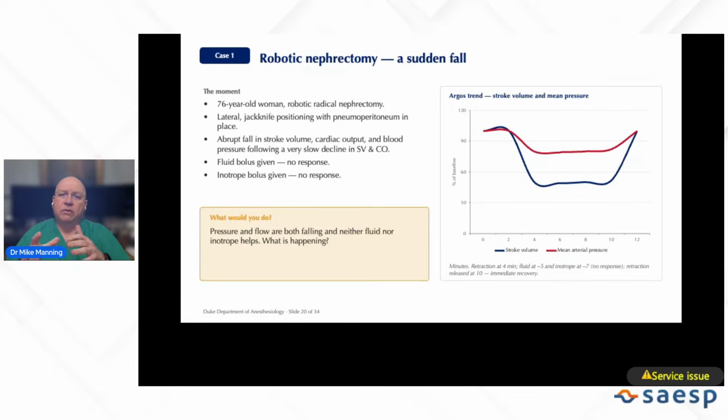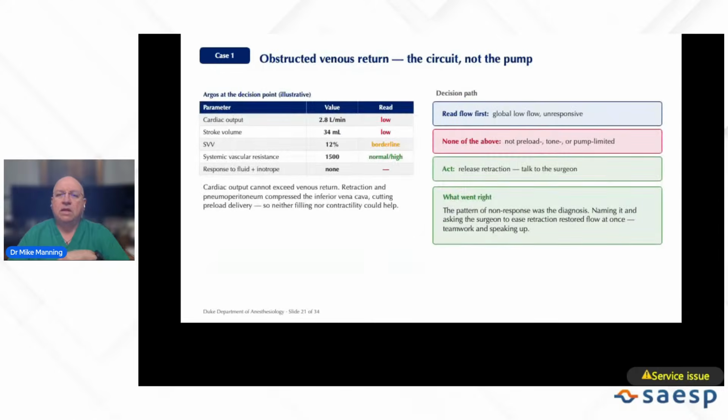And we gave a fluid bolus thinking that maybe somehow we were a little volume behind. That was not responsive. We gave a little inotrope bolus, wasn't responsive to that. And what we found after we ran those numbers and did our little challenge tests, we talked to the surgeon and asked, are you bleeding in the field?